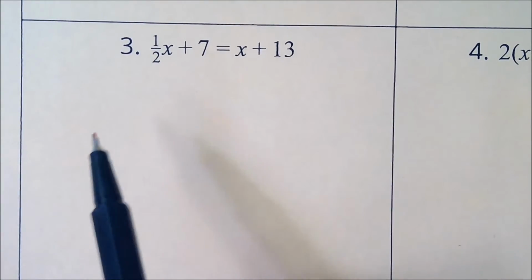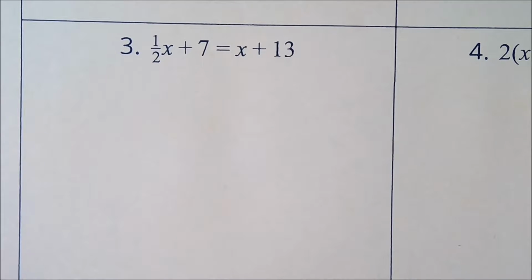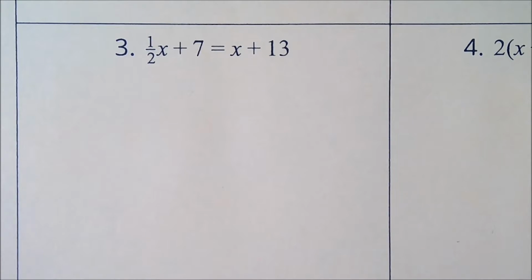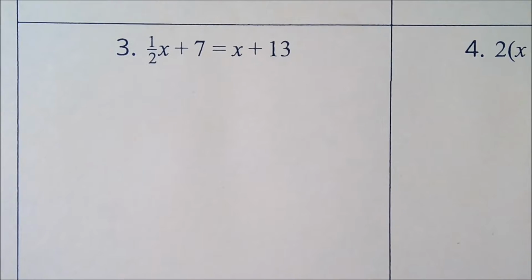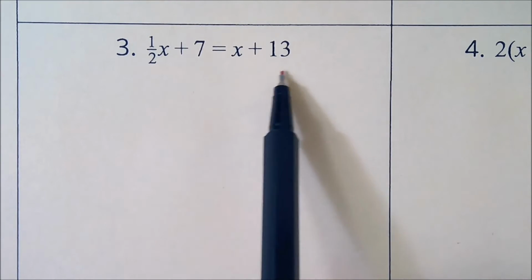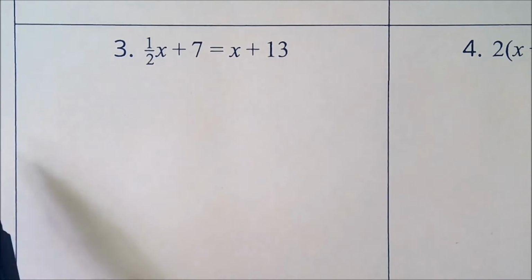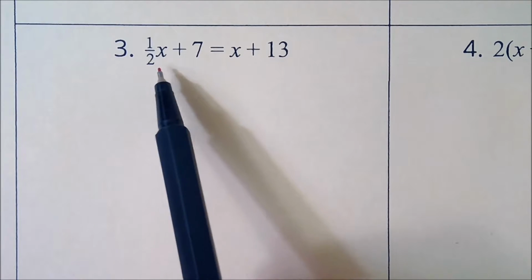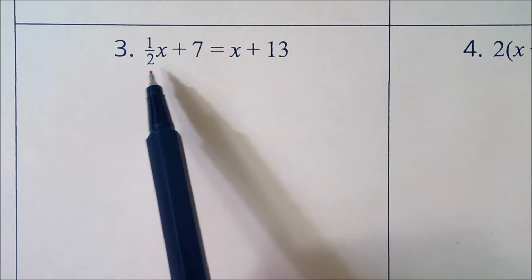So now number 3 is a little bit of a different situation, because now we actually can't avoid a fraction if we just start solving this equation. So if you wanted to go through and start solving this equation, you're looking at adding or subtracting with halves.